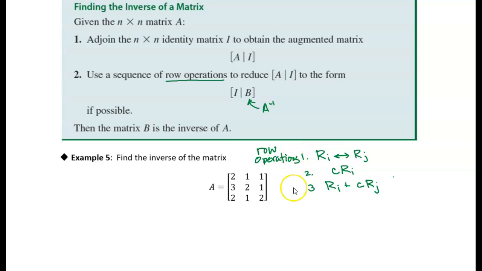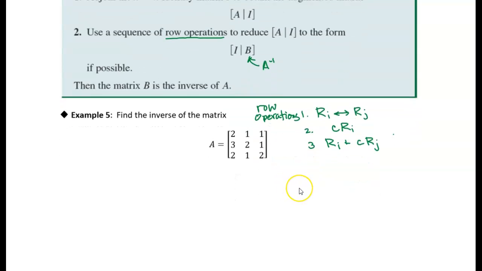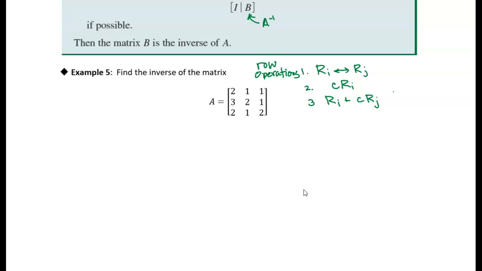And now we get to play the Gauss-Jordan elimination game again. All right, let's do this. So here's a matrix. We want to find the inverse of this matrix. The first thing we're going to do is take that matrix, 2, 1, 1, 3, 2, 1, 2, 1, 2, and augment the identity matrix.